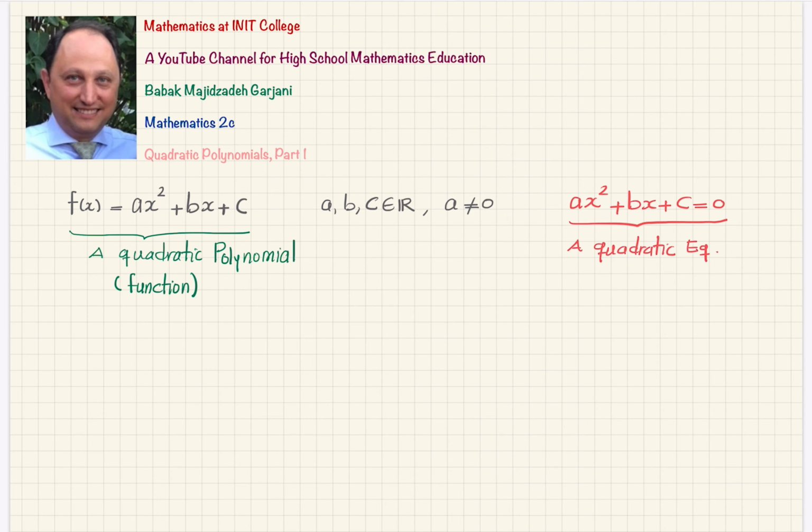Exactly. Because a cannot be equal to 0, otherwise I will not have a quadratic function in the first place. But if I want to make it as simple as possible, I make b and c equal to 0. And what is your choice for a if you want to make it very simple? 1 probably. Yeah, probably the best option is 1.